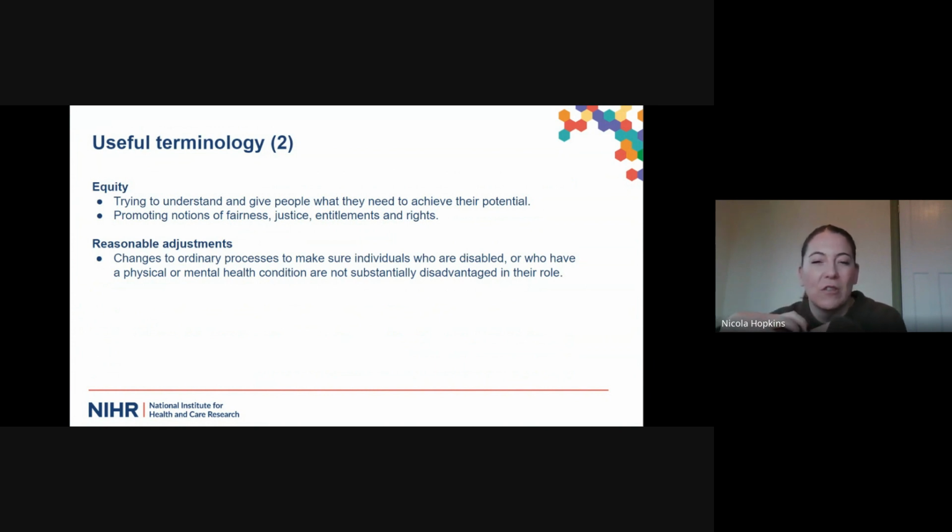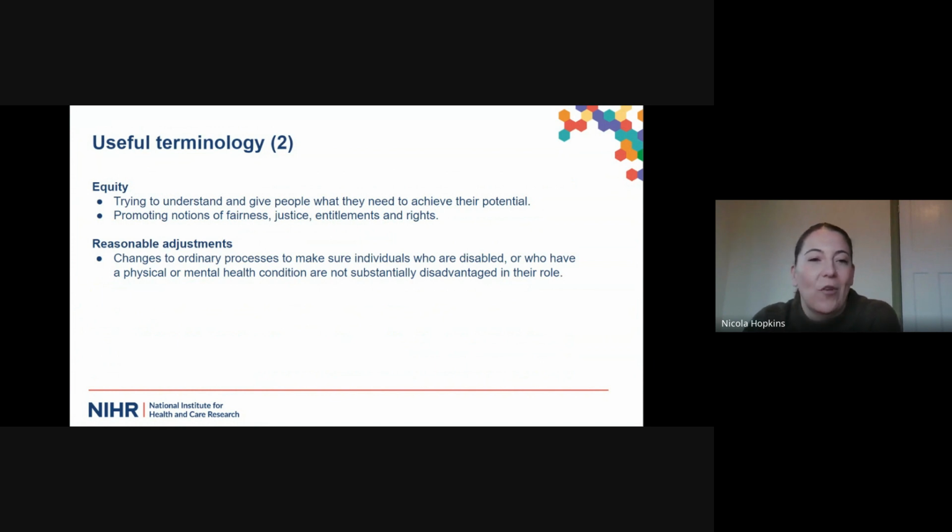And it promotes notions of fairness, justice, entitlements, and rights. Equity might mean that not everyone is treated in exactly the same way, but it really exemplifies that sense of treating everyone as an individual and recognising that what they need to succeed might not be the same for you or I in the same situation.